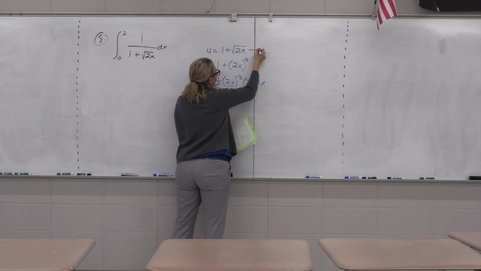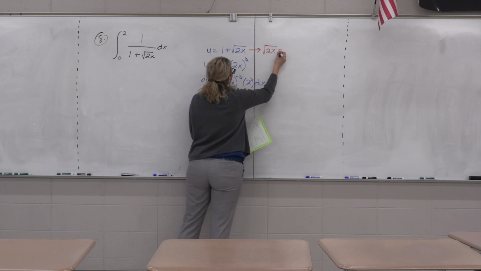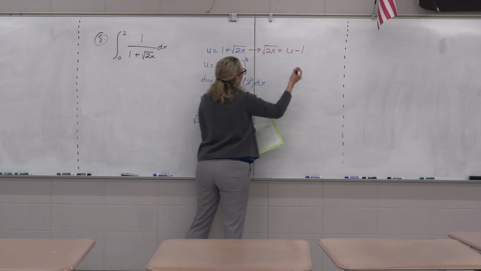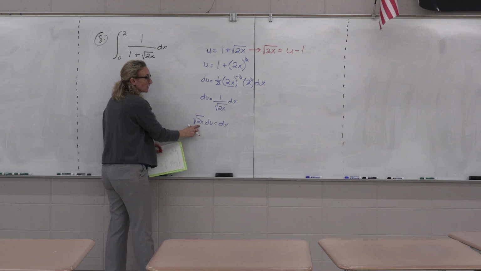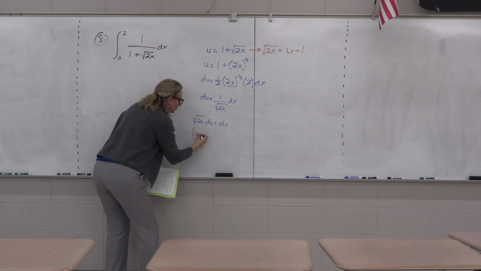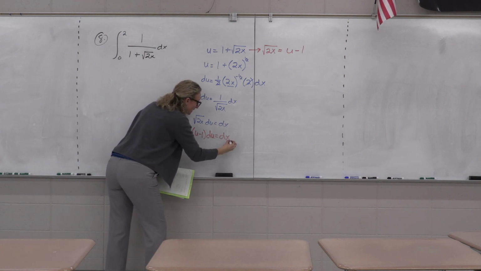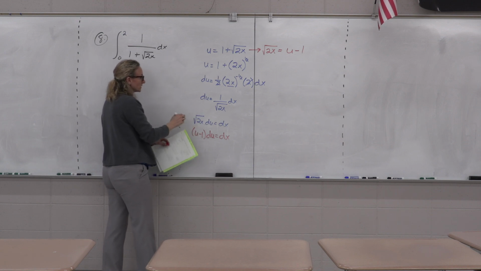Up here, the square root of 2x is equal to u subtract 1. The square root of 2x is equal to u minus 1 du equals dx. So now it's 100% with respect to u.